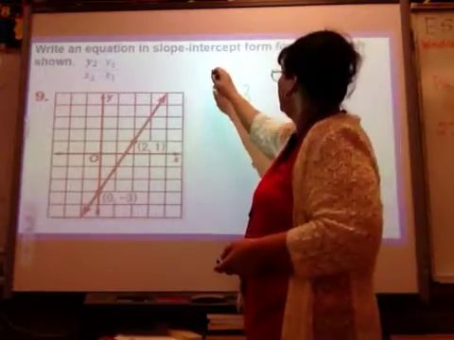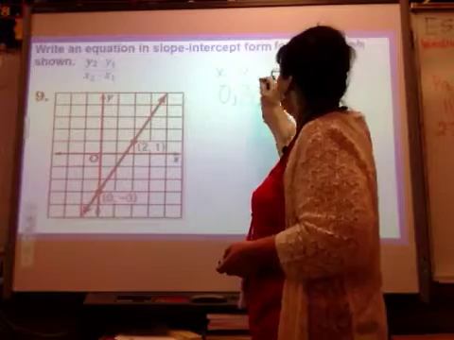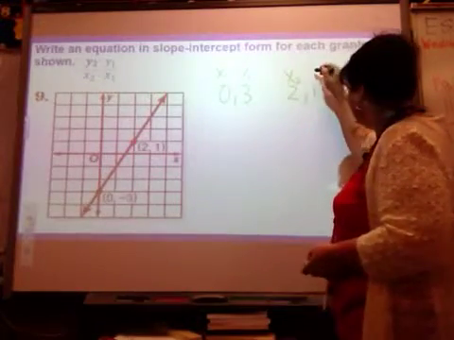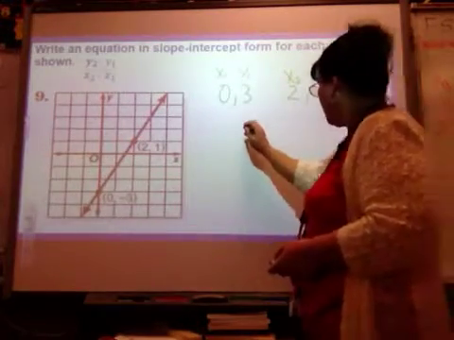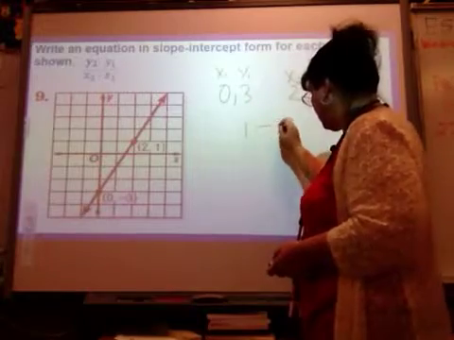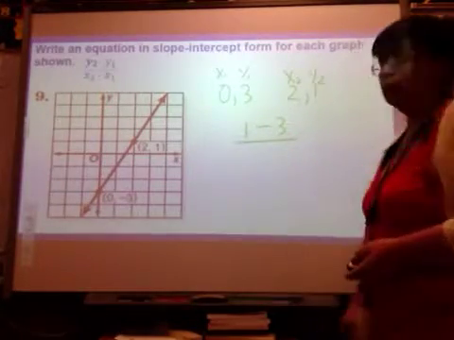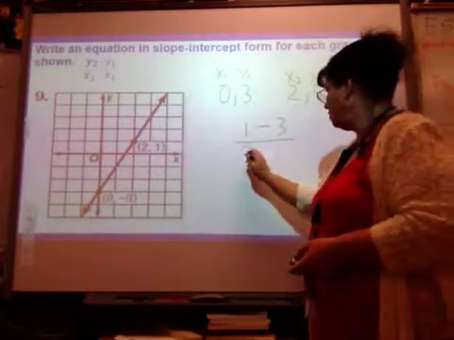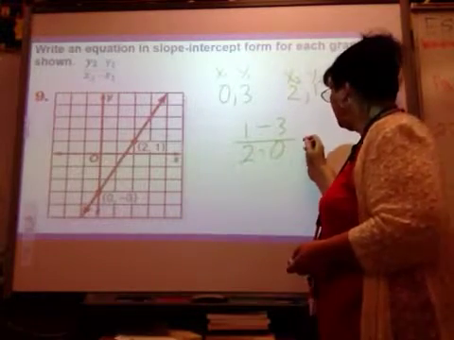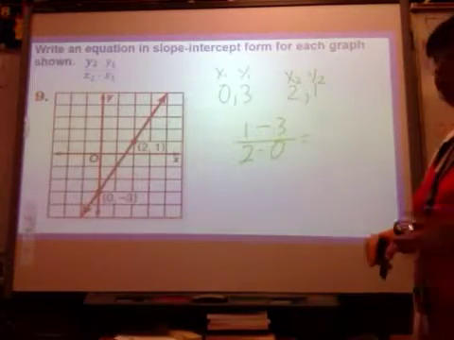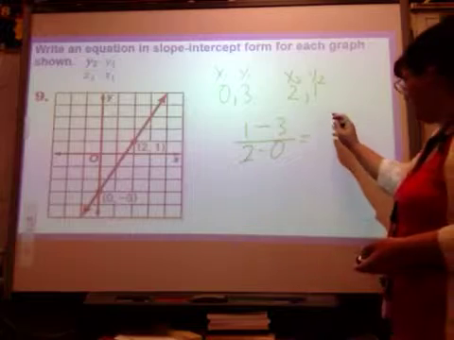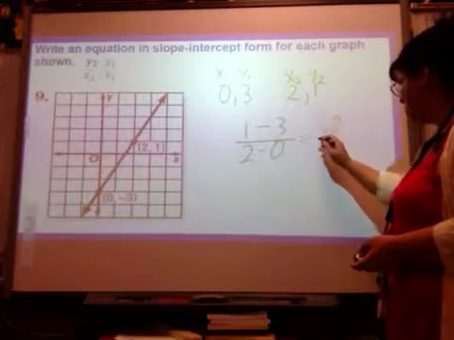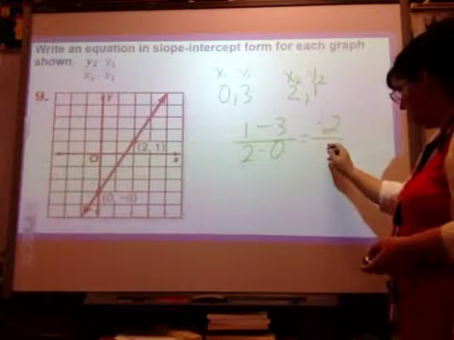So there's my x1, y1, x2, y2, right? So I'm going to have 1 minus 3, and then I'm going to have 2 minus 0. So when I subtract, if you stick it in the calculator, I'm going to get -2 over 2.